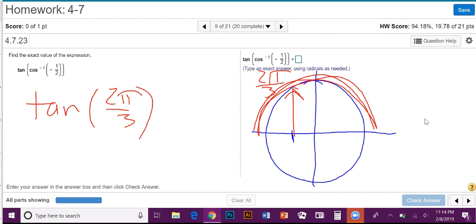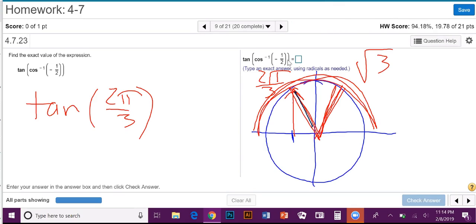So now I need the slope of this line right there. And that slope has something to do with this slope right here. Well, that slope is radical 3. So what do you think the other slope is? Is it negative?